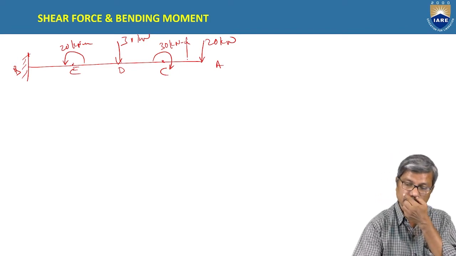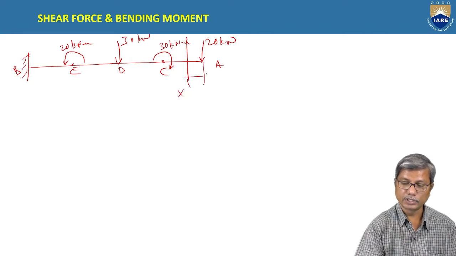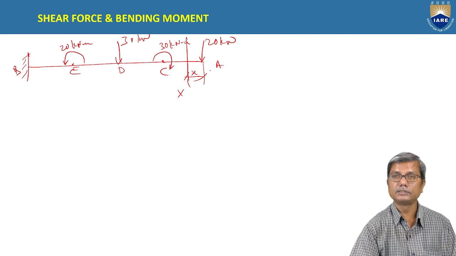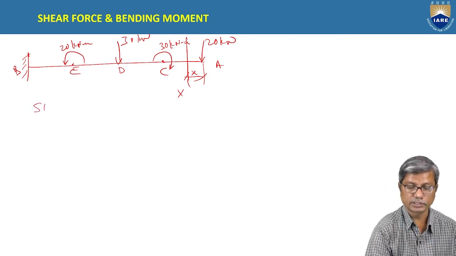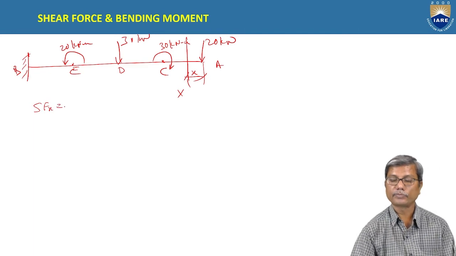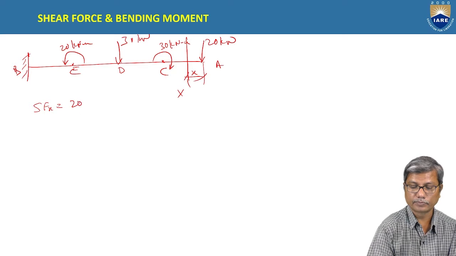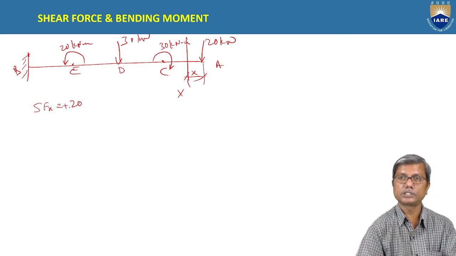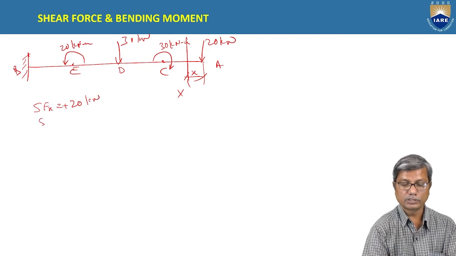Now we are considering the section AC with origin at the free end, again considering the free end side. Shear force at x is 20 kilonewtons, right side downwards positive.